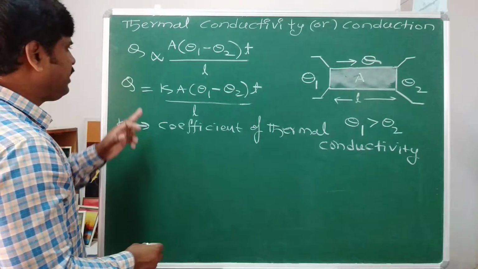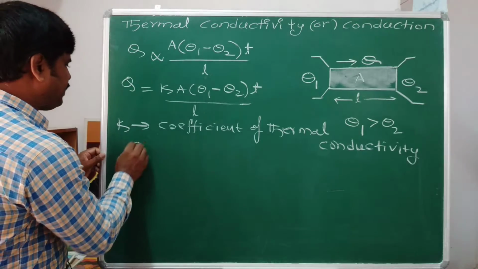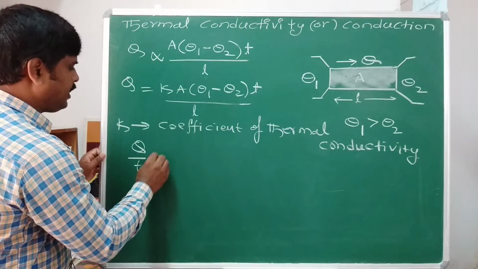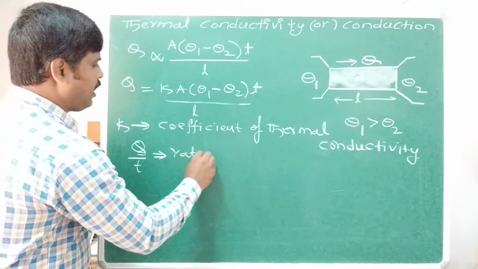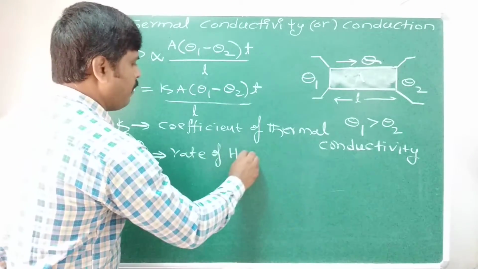Next we discuss Q divided by T, that is heat flow, which we can simply take as the rate of heat flow.